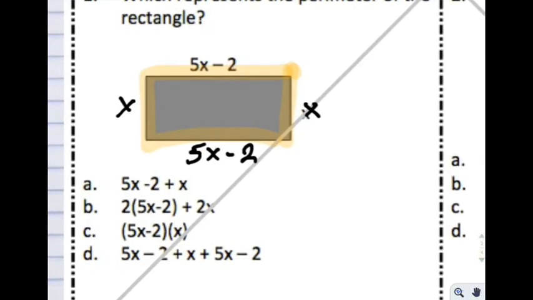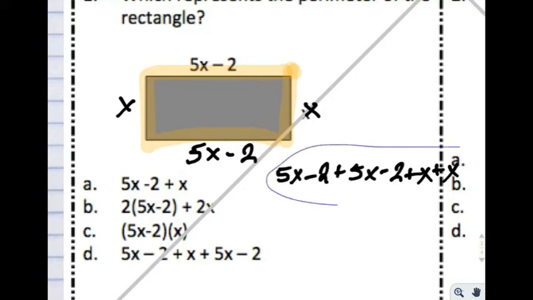So obviously the most simple way to do this is to say 5x minus 2 plus 5x minus 2 plus x plus x. But none of these equations that are given to us in options A, B, C, or D are really written in such a way.